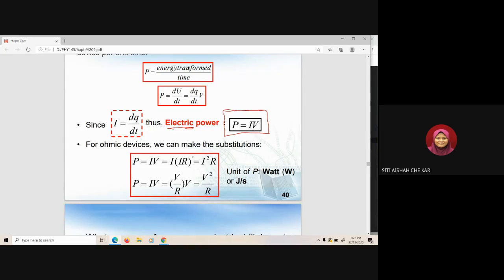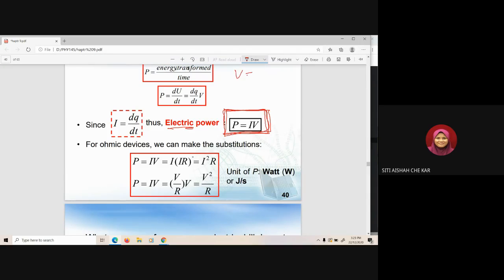Highlight this formula, P equals IV. Or we can use another formula, which is actually derived from P equals IV, because at the same time we know V equals IR, so we manipulate these two formulas.